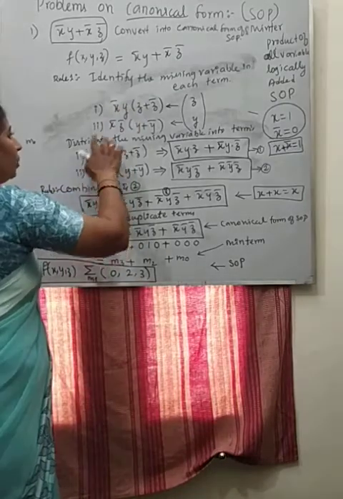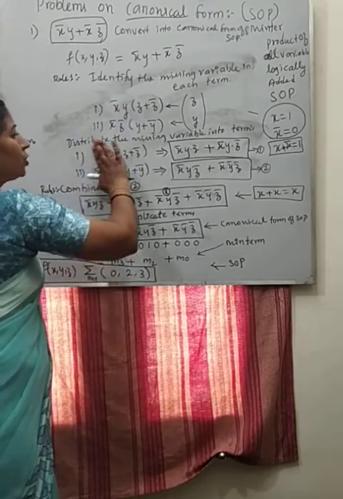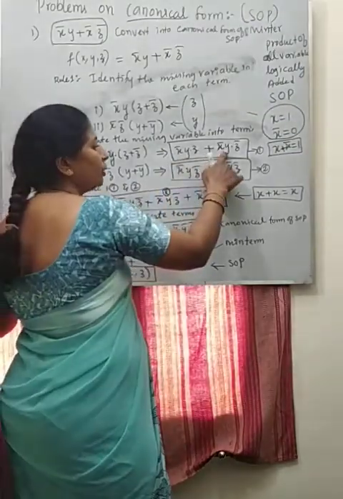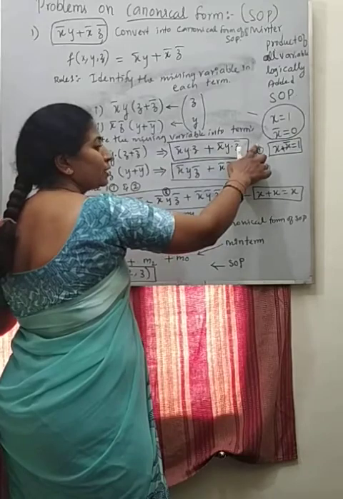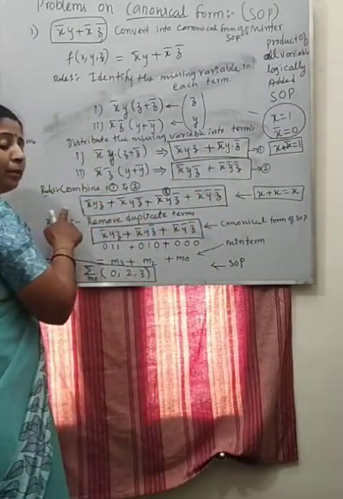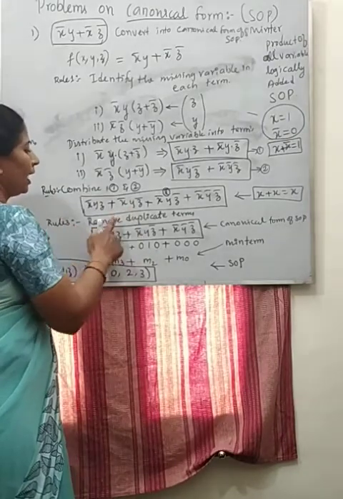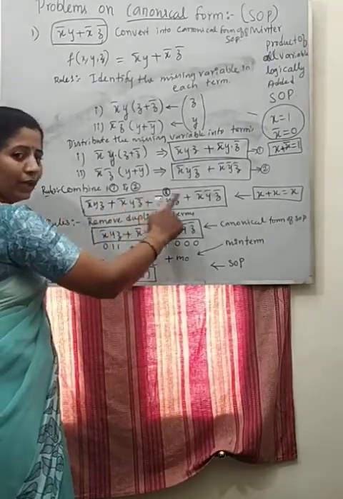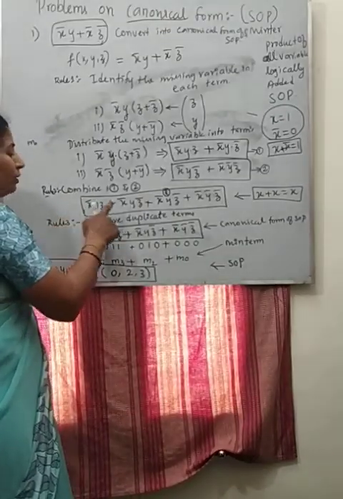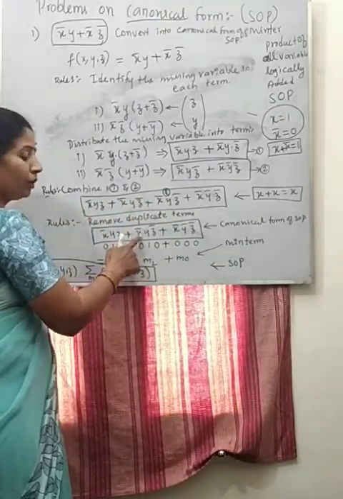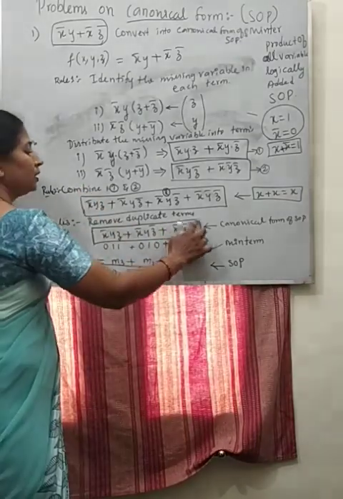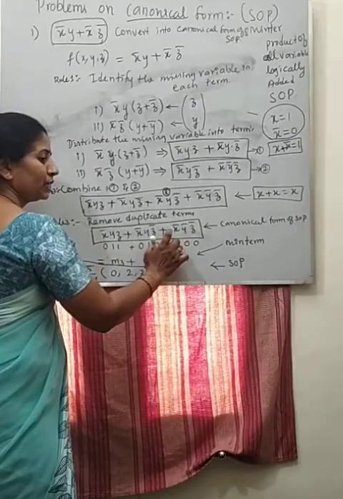Once you have included them, distribute that into the distributed form in the SOP. Now you got the distributed SOP form. Keep it as the first equation. Second term, second equation. Combine both the equations, then identify the repeated terms in the combination, rule 2. If any repeated terms are there, copy down only once, not twice. Then once you have written it, this is your canonical form of SOP.